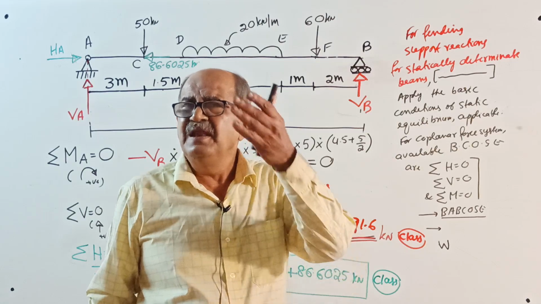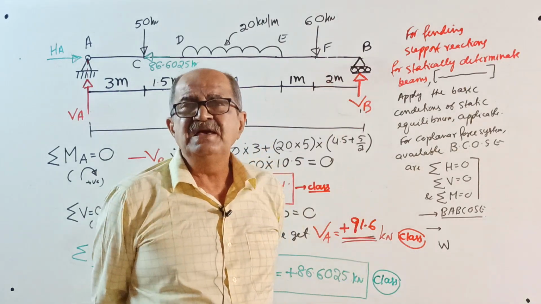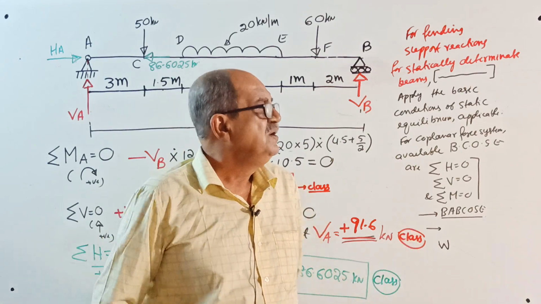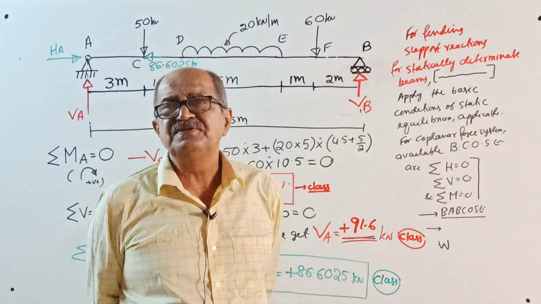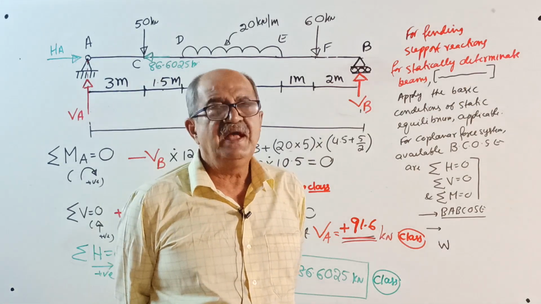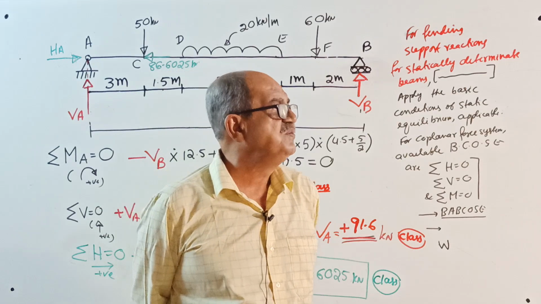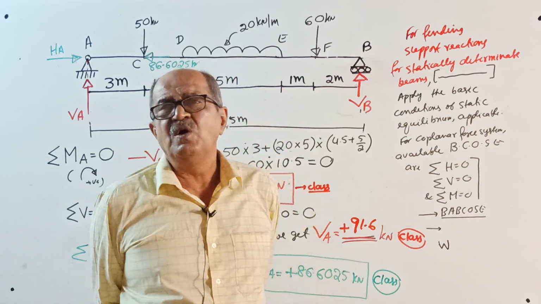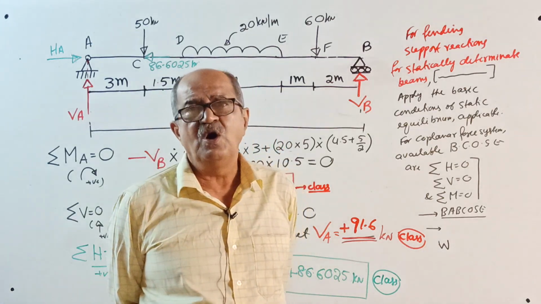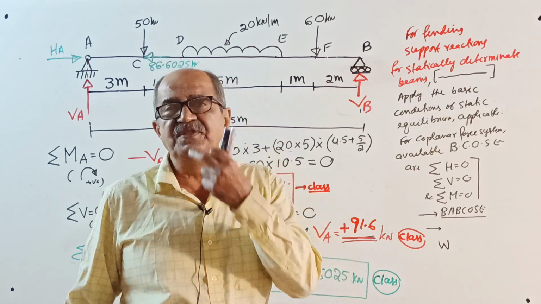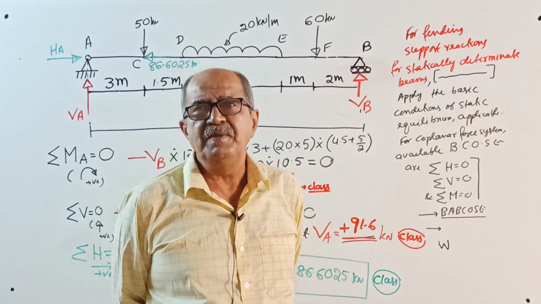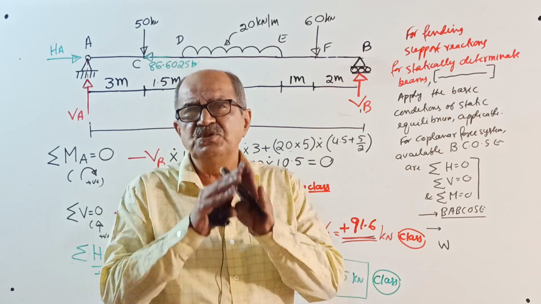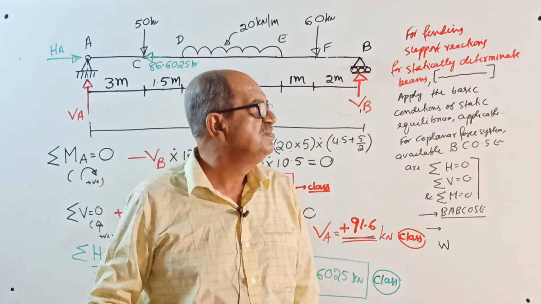You can take any sign convention. The sign convention considered by you has no effect on the answer. Whether you take upward positive or downward positive for sigma V, right side positive or left side positive for sigma H, or clockwise positive or anti-clockwise positive for the algebraic sum of moments, it has no effect on the answer.